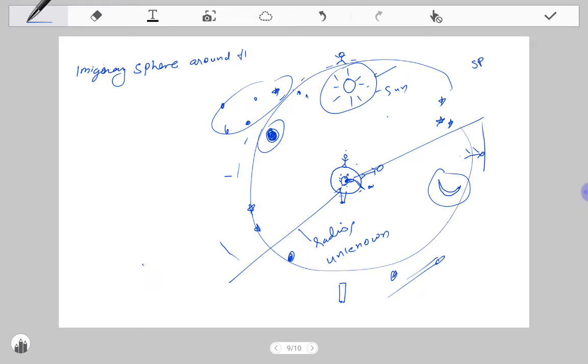The radius is unknown, so it is an infinite radius. And the center of the sphere is common with the center of the earth.